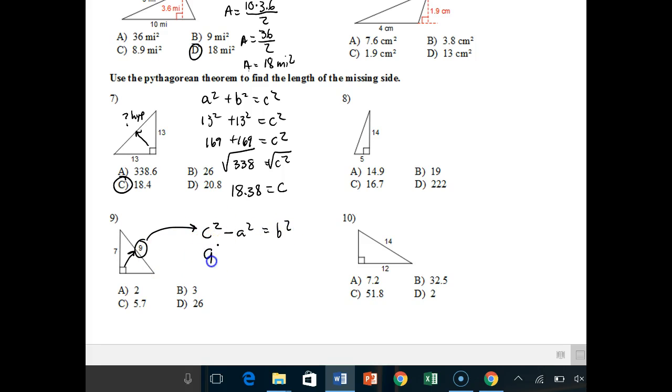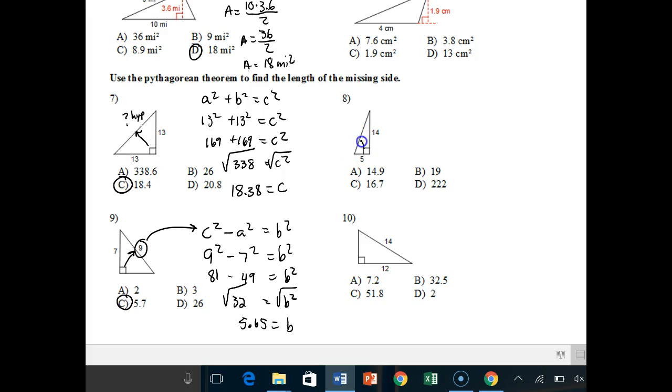Our hypotenuse measure is 9, so we'll just say 9 squared minus 7 squared is equal to b squared. 81 minus 49 is equal to b squared. 32 is equal to b squared. Take the square root. B is equal to 5.65. Or in this case, 5.7.